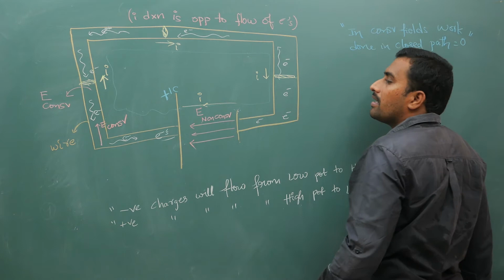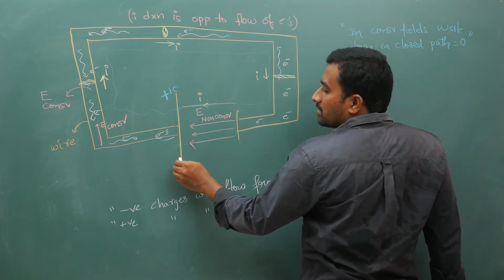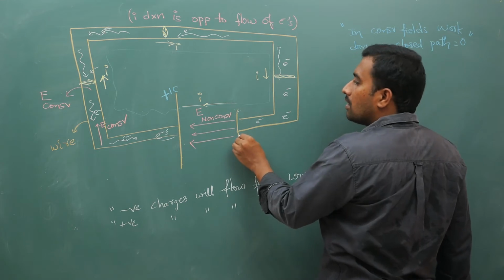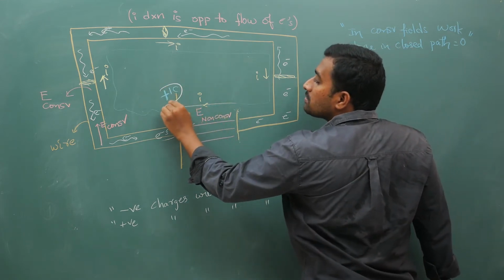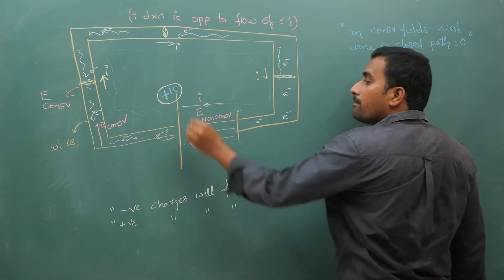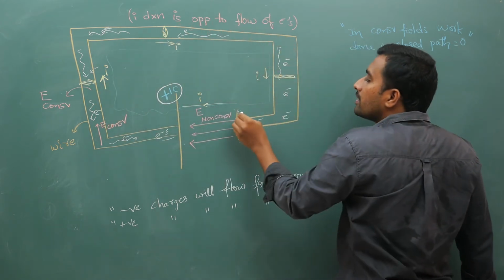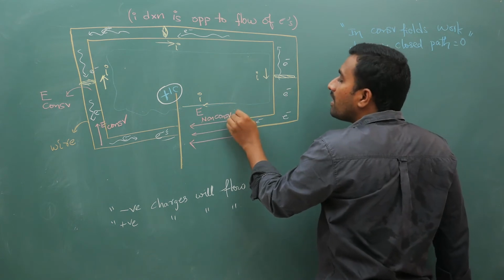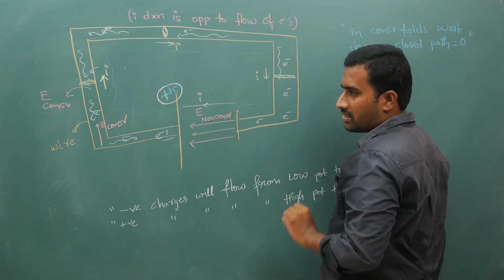Once again, your terminal potential difference is the potential difference between the positive and negative terminals. In moving this plus 1 coulomb charge from the positive terminal to the negative terminal you will do some work. That work is your terminal potential difference.